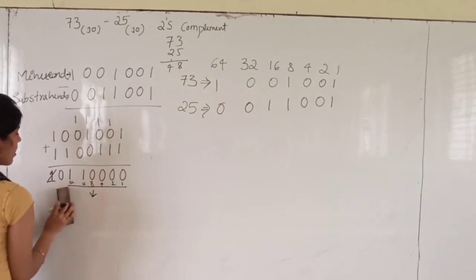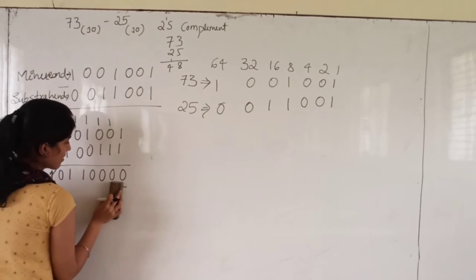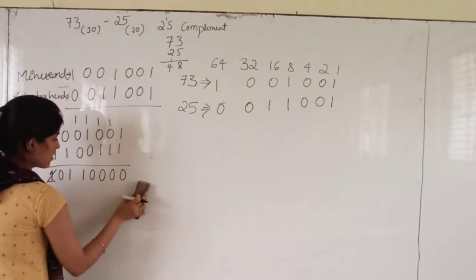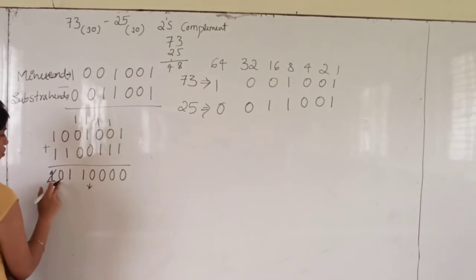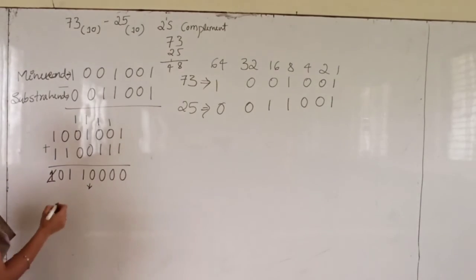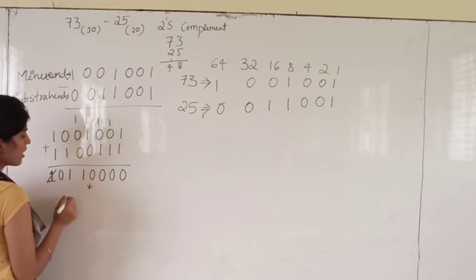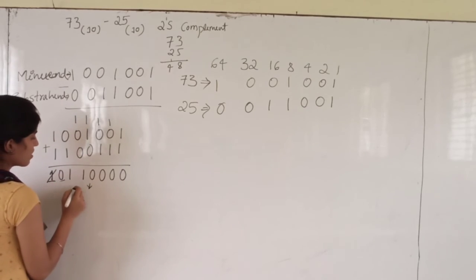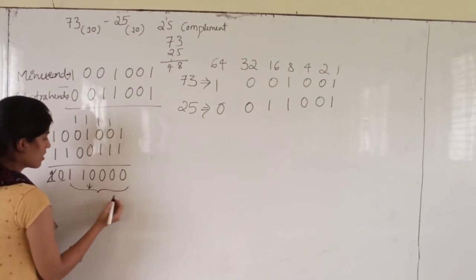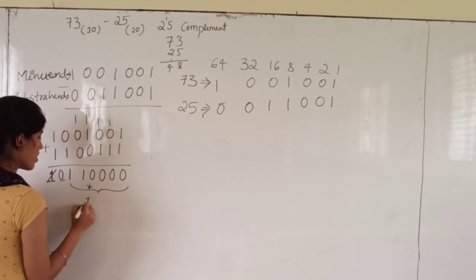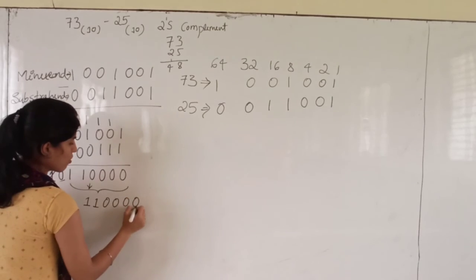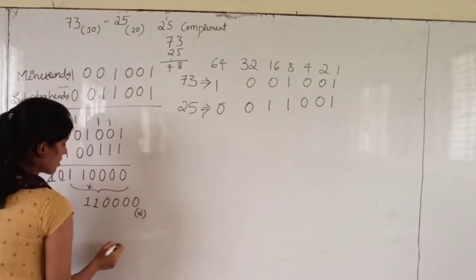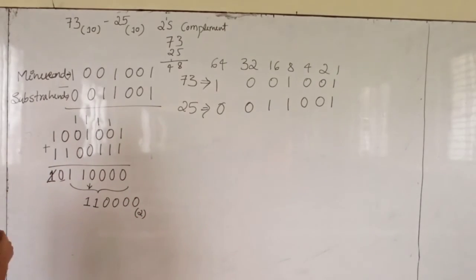This is also equivalent to 48. While writing the final difference, don't include the leading 0, because it would show a negative integer. Apart from this 0, we write the final answer as 110000. This is our final difference.